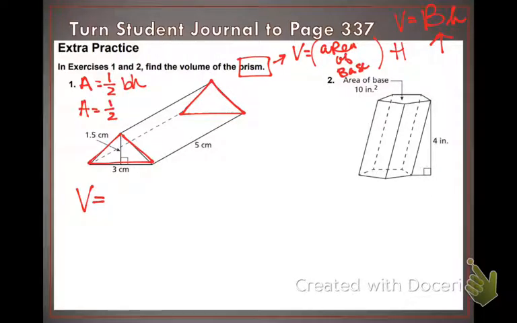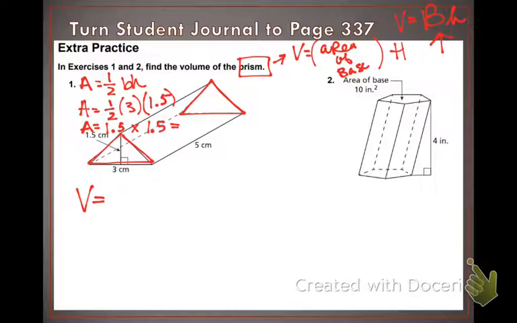All right, so what is the base of our triangle? 3, yep. And then what is the height of the triangle? 1.5. All right, so what is 1/2 of 3? 1.5. So you'll have 1.5 times 1.5.